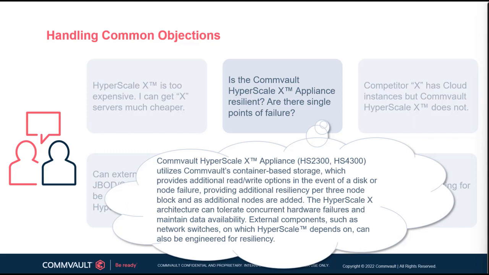The Hyperscale X architecture can tolerate concurrent hardware failures and maintain data availability. External components such as network switches, on which Hyperscale X depends, can be engineered for resilience.